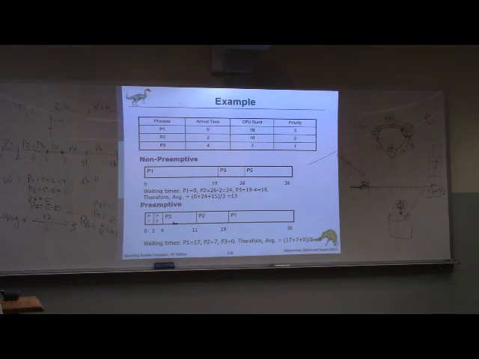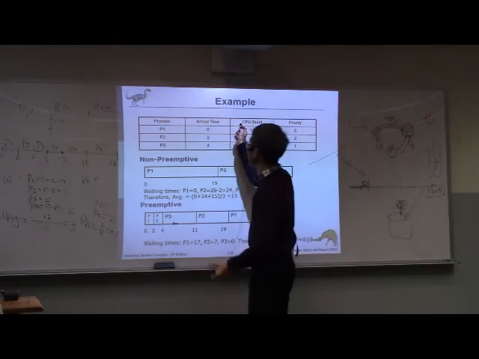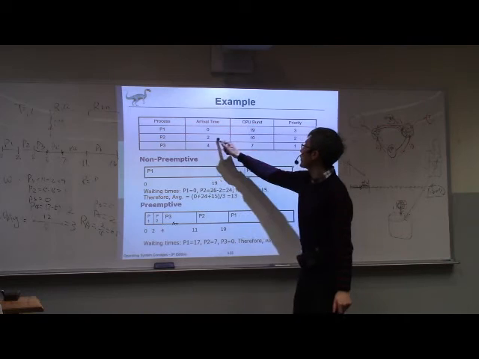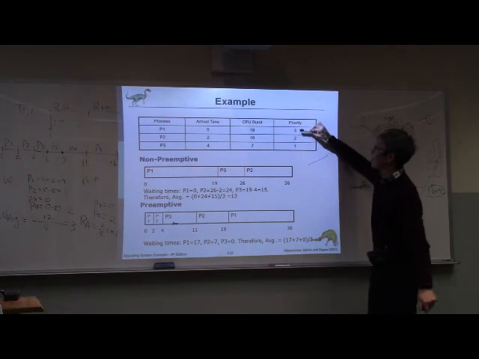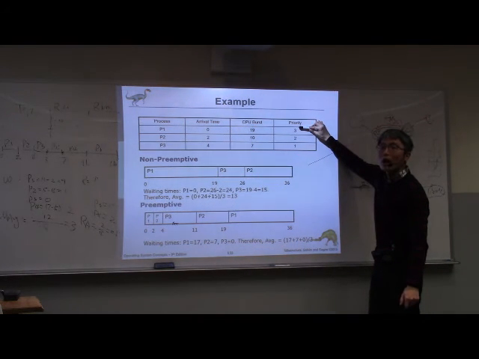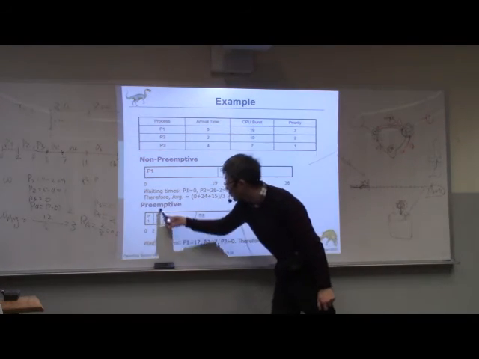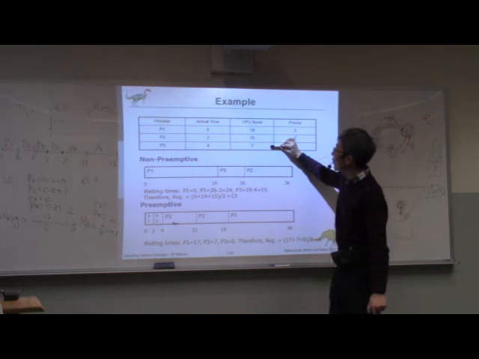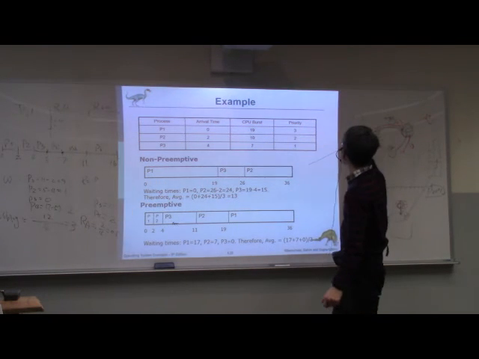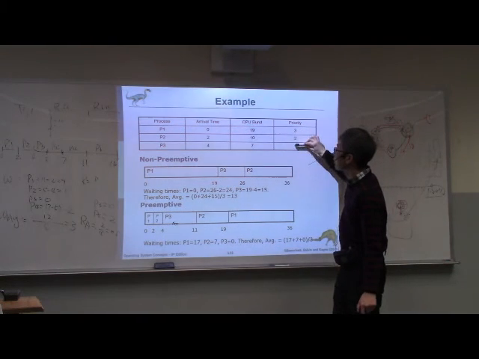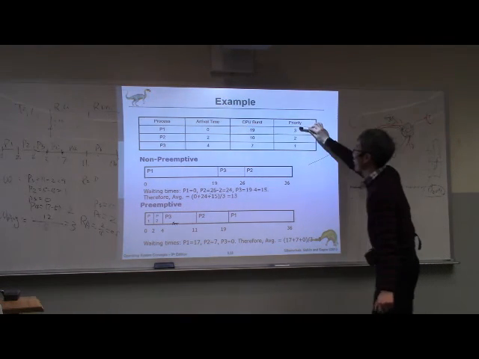In the preemptive case, P1 is selected first, but at time 2, P2 arrives, so we compare their priority. Which one is the higher priority? P2, so P2 is selected. When P3 arrives in the ready queue, we need to consider the priority again.